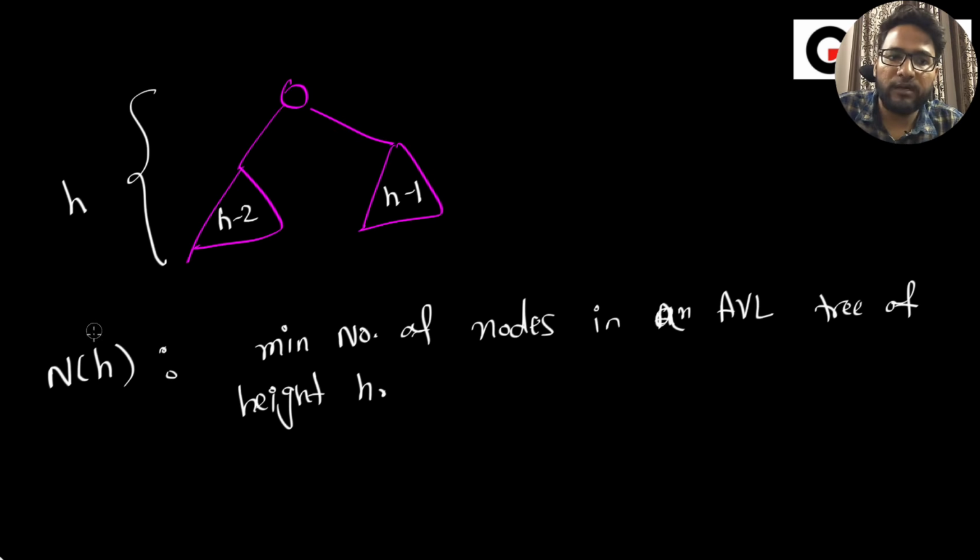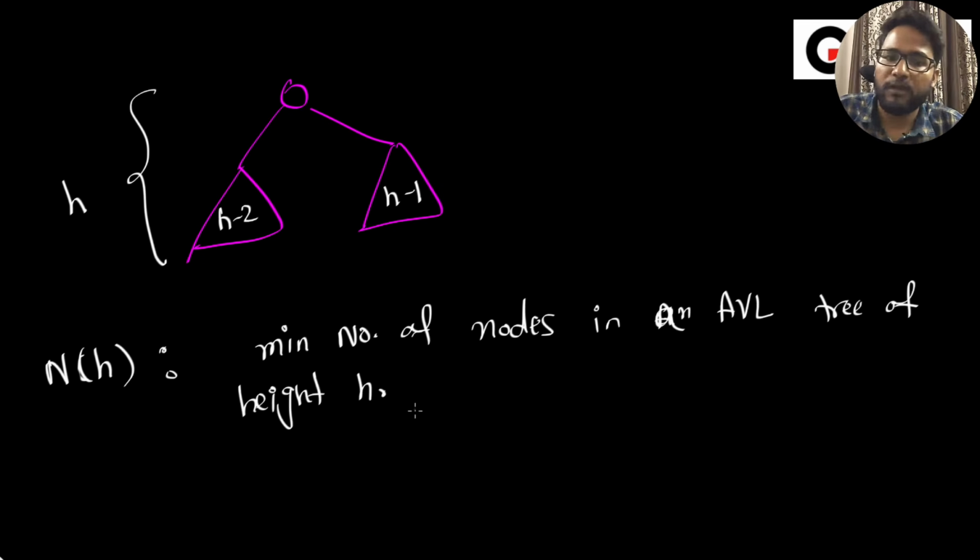If you are getting confused with this nh, let me say it mh. I mean, n I have already used, but m might be more confusing because it could mean minimum or maximum. So let me just keep the consistency and write nh, but this nh is different from the earlier nh. Earlier it was the maximum number of nodes. This is the minimum number of nodes of height h.